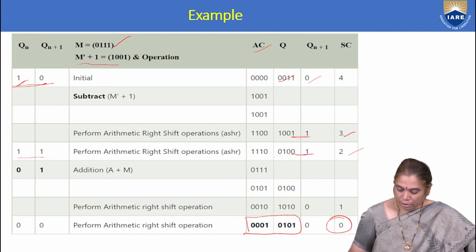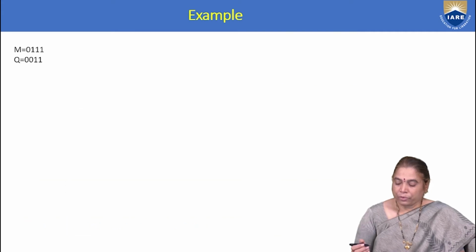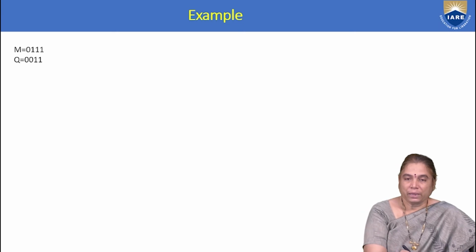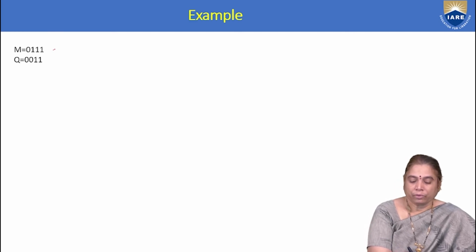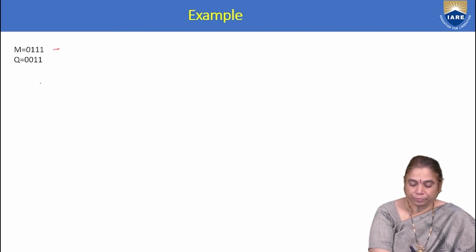Now we will look into an example. Here we consider the multiplicand M as 0 1 1 and the multiplier as 0 0 1 1. Whenever we are performing the subtraction, we use the 2's complement addition. So first we have to find the 2's complement of M. The M value is 0 1 1.